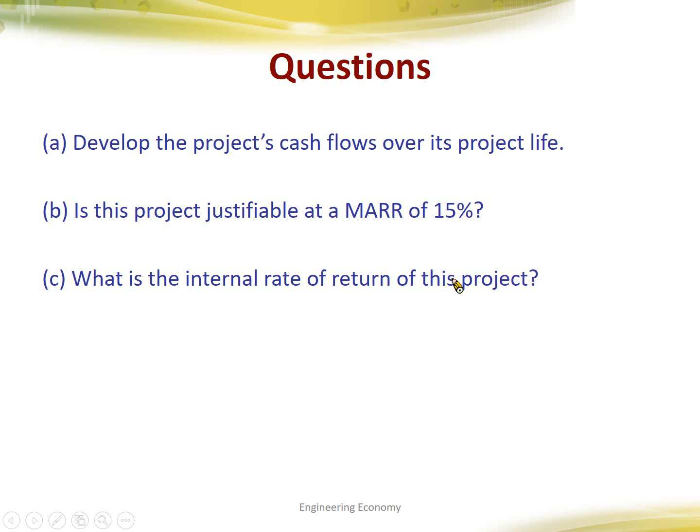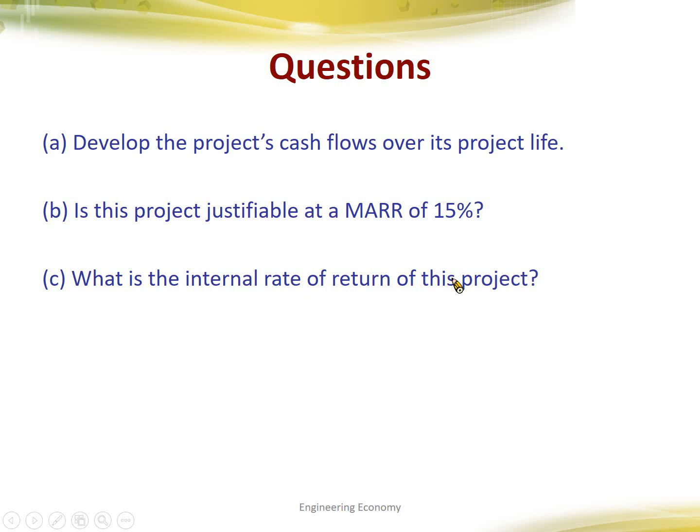MARR is what we know that our company can, with any investment together, get this kind of return. So any new investment, if we want to take any additional investment, its return has to be higher than the 15% MARR.